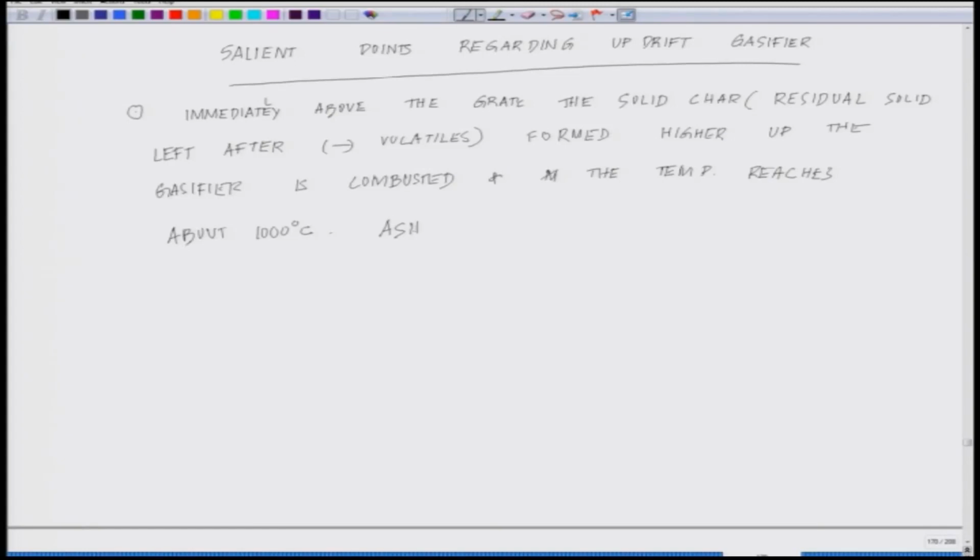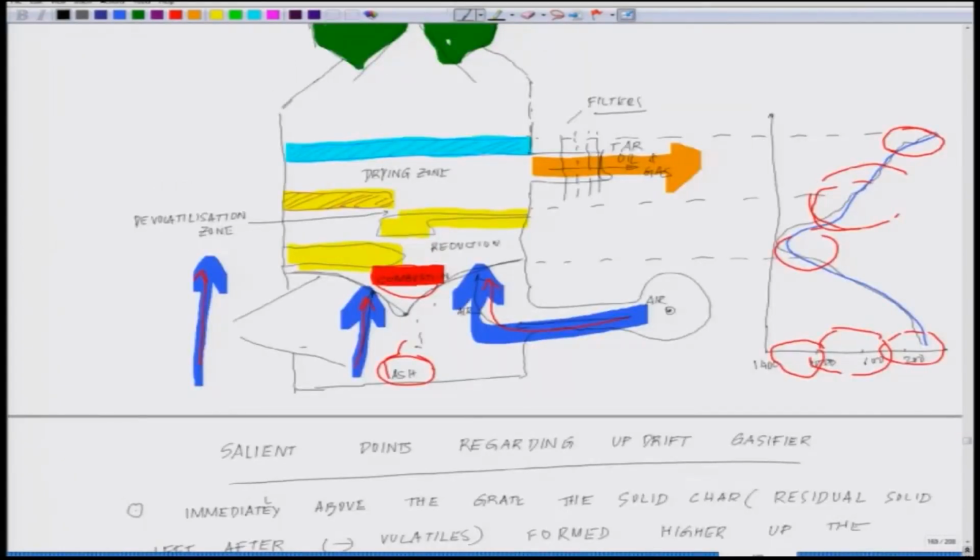And I showed you in the picture, if you follow it right, you would see the ash, this is where the ash is falling down. So, all the important things are happening here, okay.